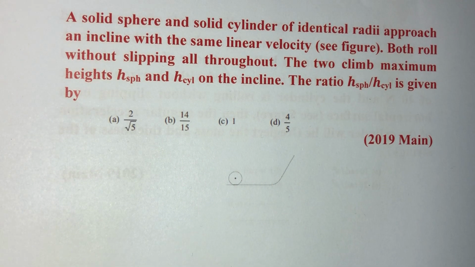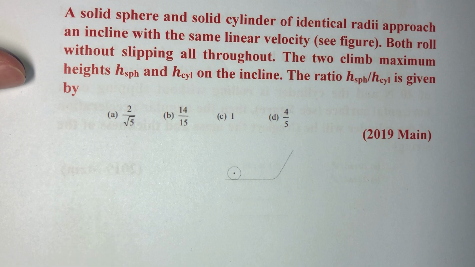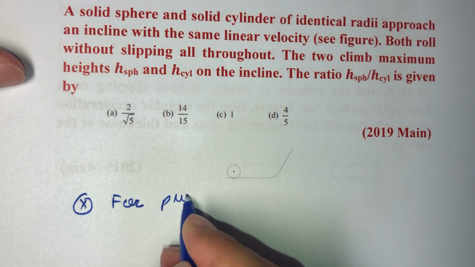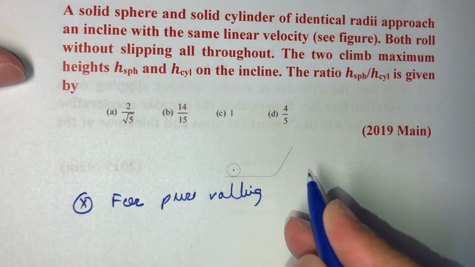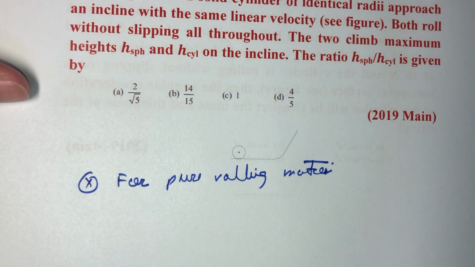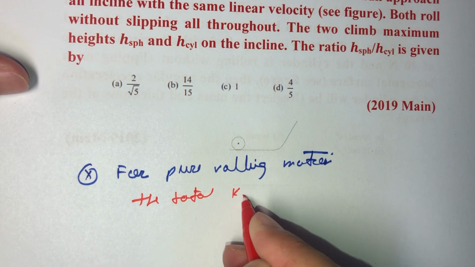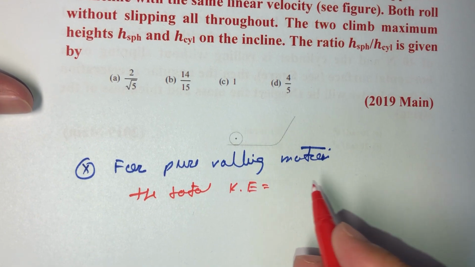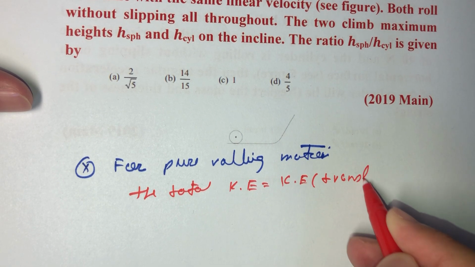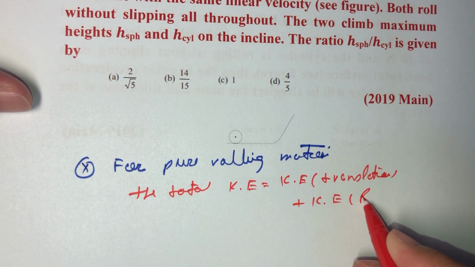So we know that for a pure rolling motion, the total kinetic energy is equal to kinetic energy translational plus kinetic energy rotational.